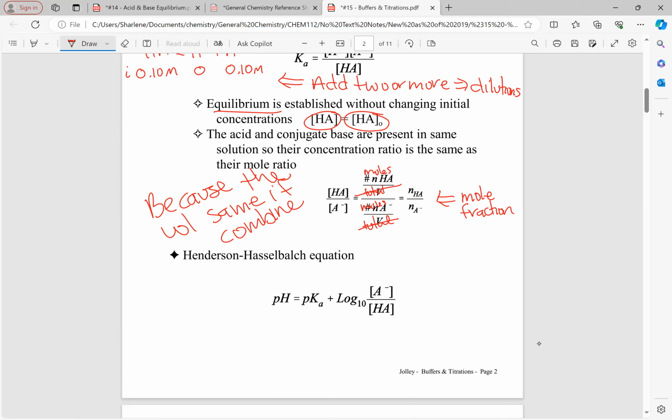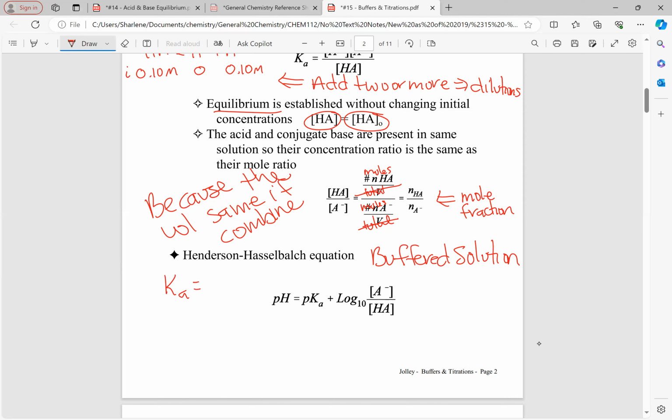called the Henderson-Hasselbalch equation. The Henderson-Hasselbalch can only be used if you have a buffered solution, because of this identity where those total volumes cancel out. So I'm going to take the negative log of this.